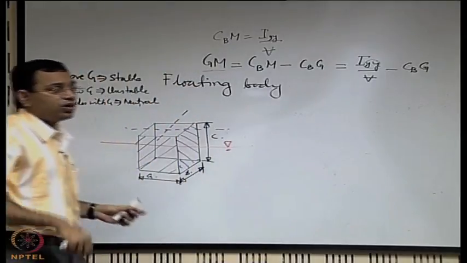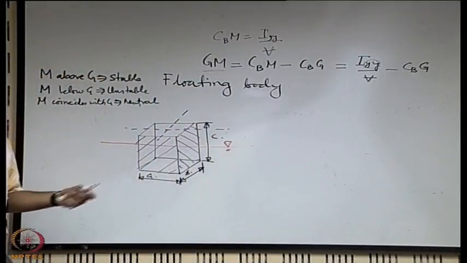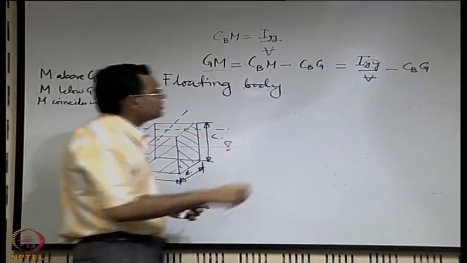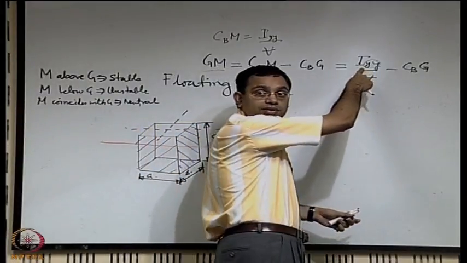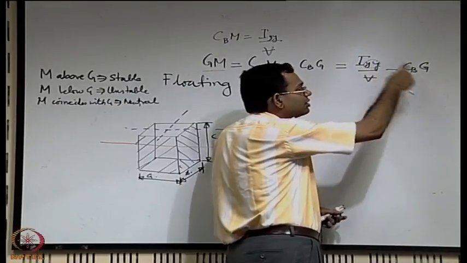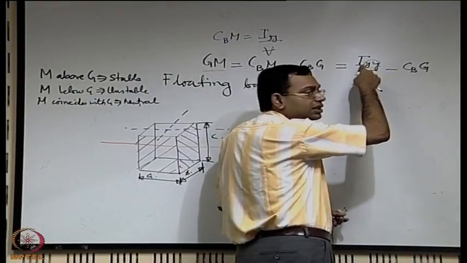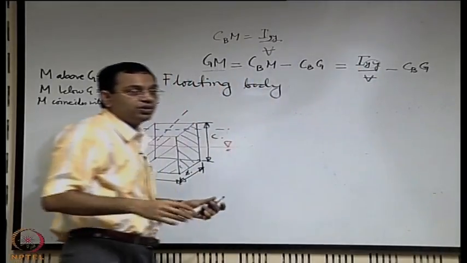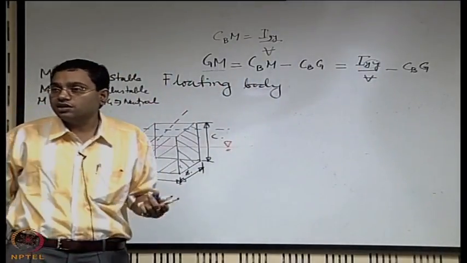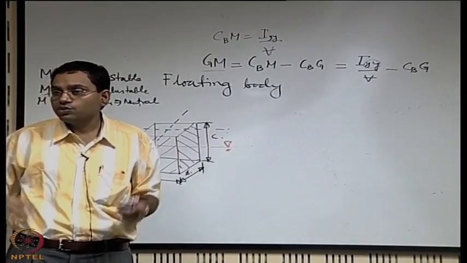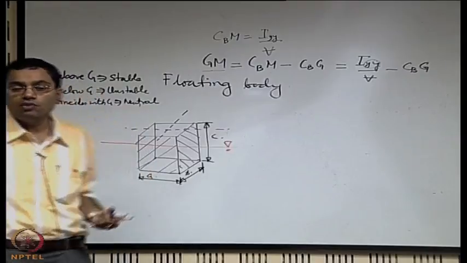More positive means it is more stable. So if we take the least possible value of this one and still find that the right hand side is positive, then for all other cases it should be positive. So it is like a safety design. You look into the most adverse condition, make sure that it is positive even for that. So for better conditions it would always be better.